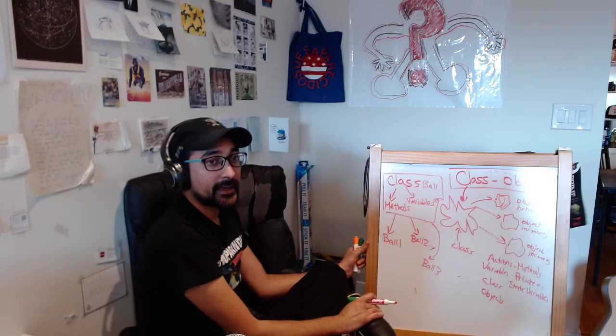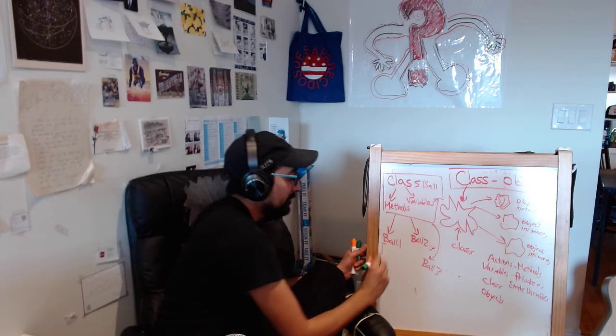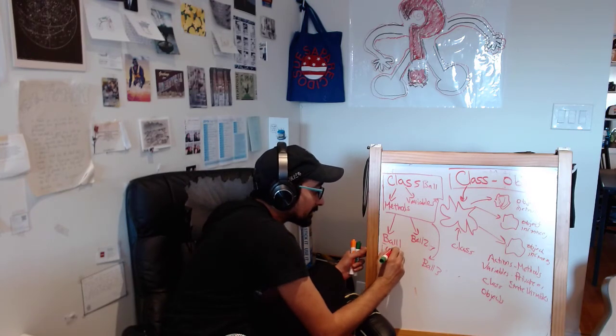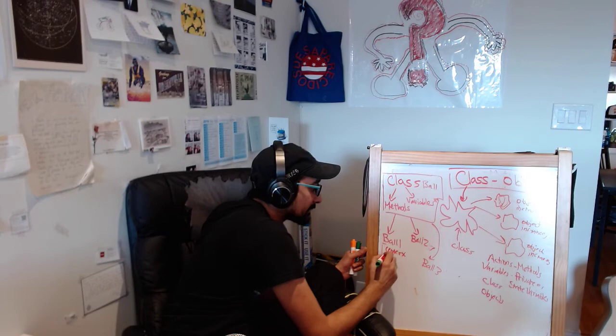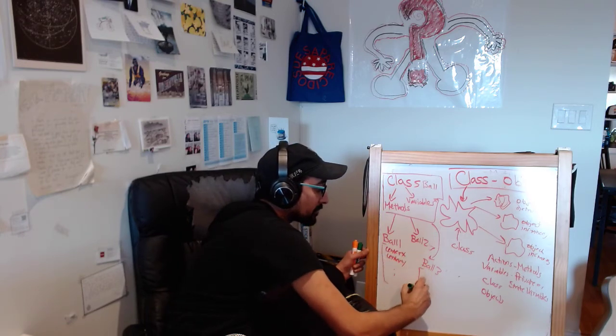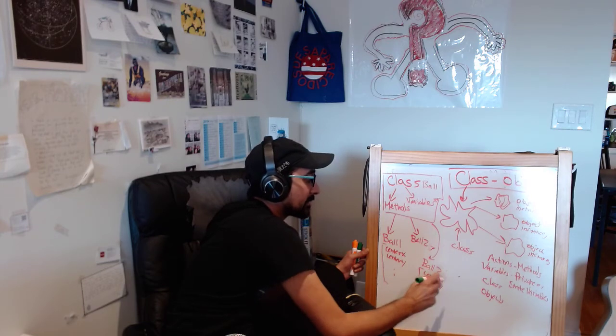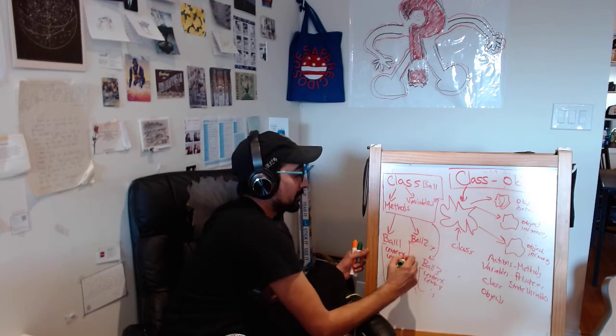Okay, and inside ball 1 there will be all our variables: center x, center y, etc. And inside ball 2, center x, center y, etc. Right? Or ball 3, same thing.